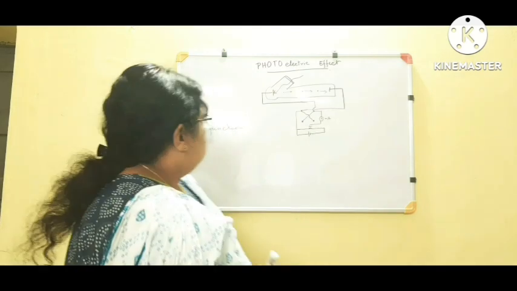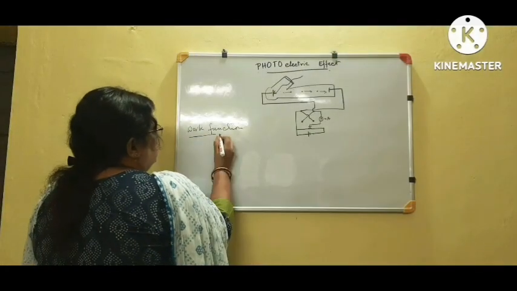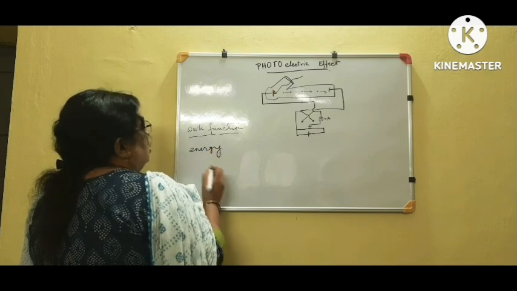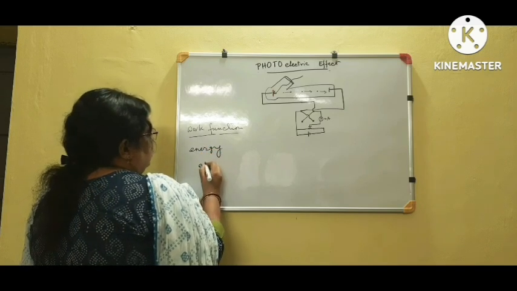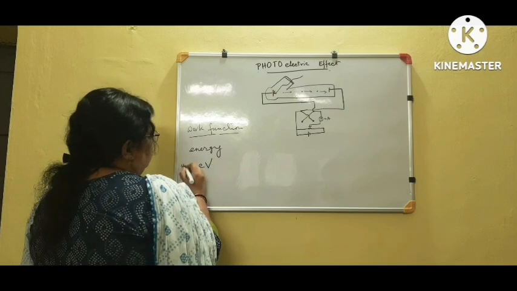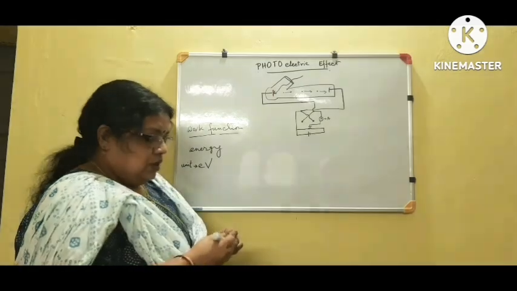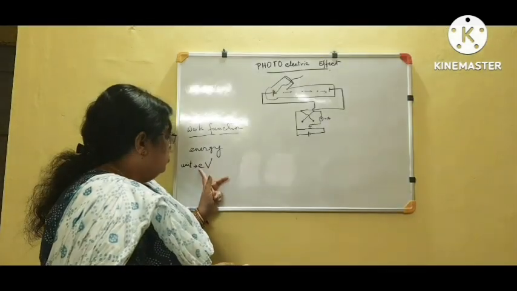Work function is energy, and it is measured in the unit electron volt. What is an electron volt?